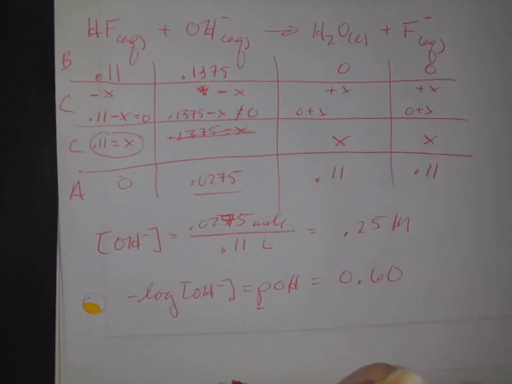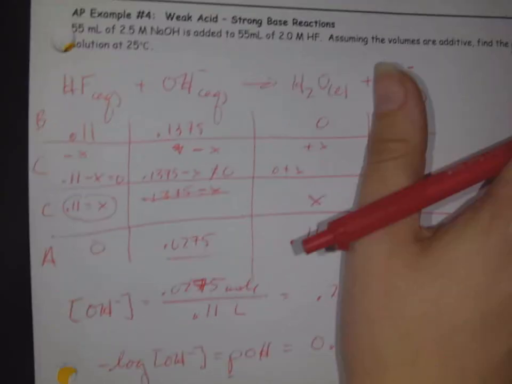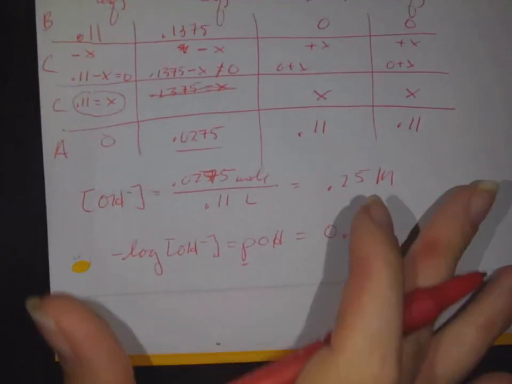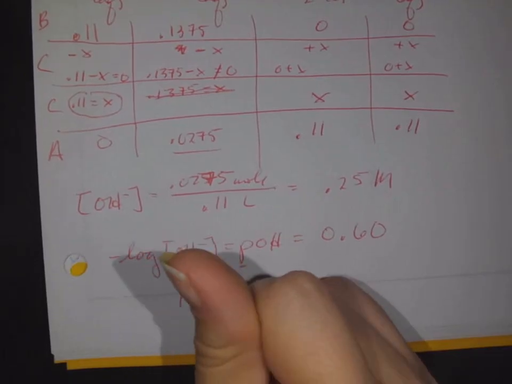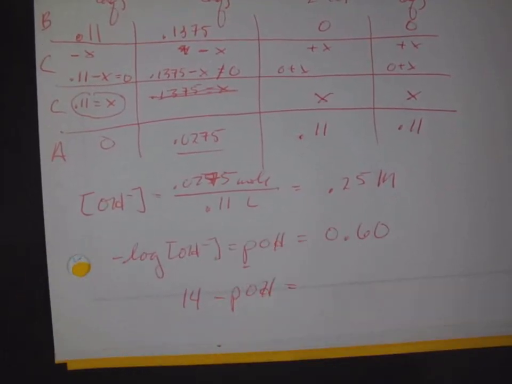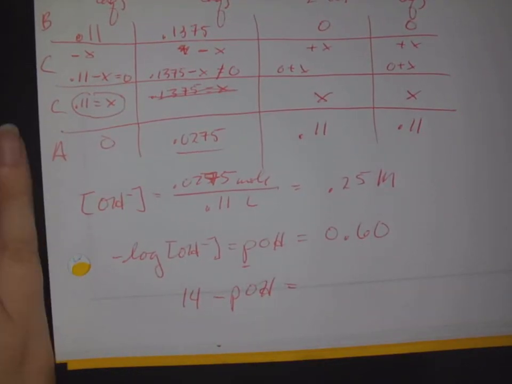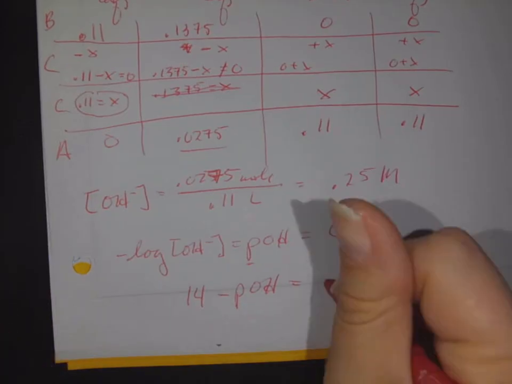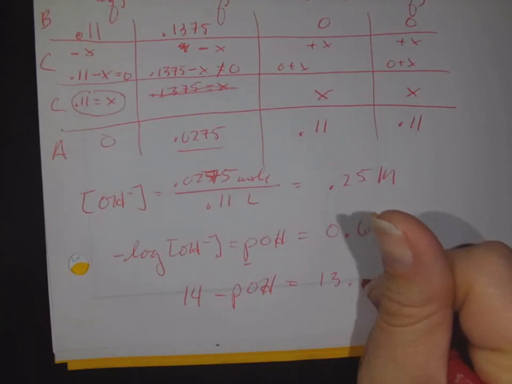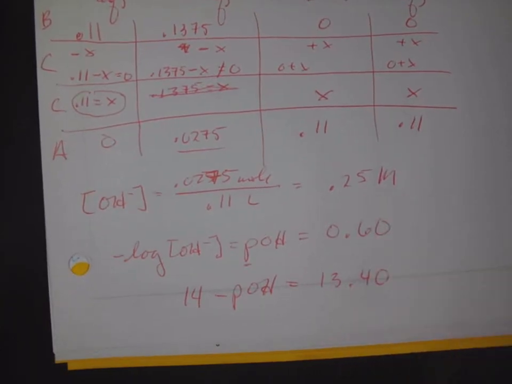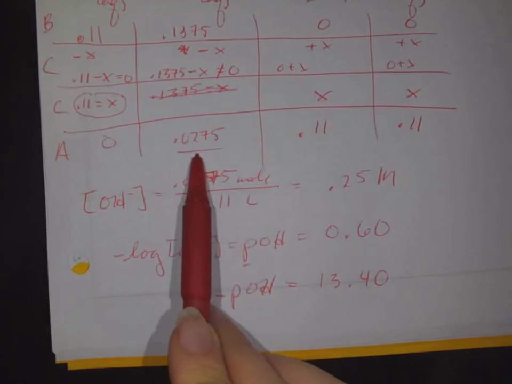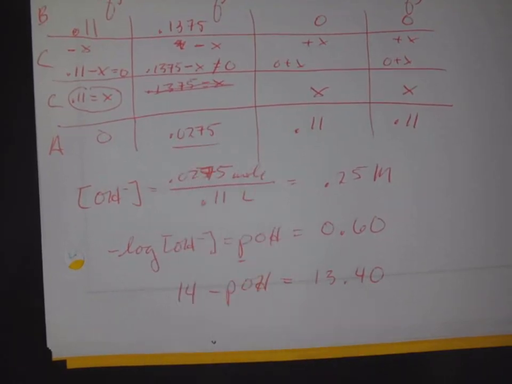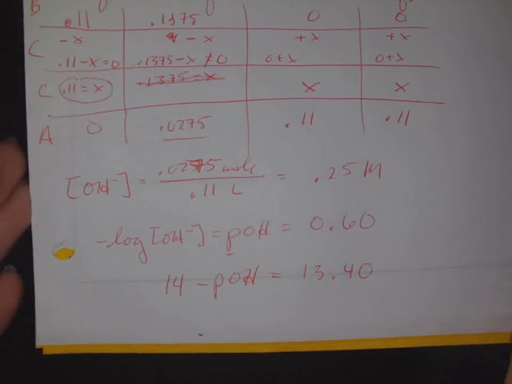And the final step to get my pH, because it's asking for pH, is to do 14 minus our pOH. So 14 minus our pOH, 13.40. And this is a high number. It makes sense, though, because we were left with a strong base there. That's what was excess when it was all done. Okay, good.